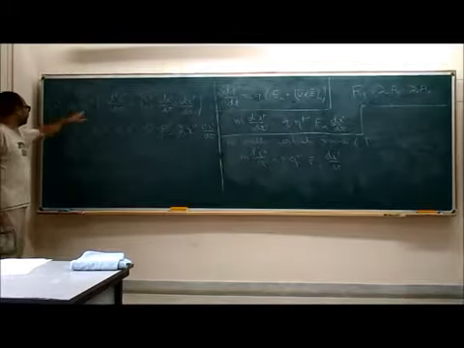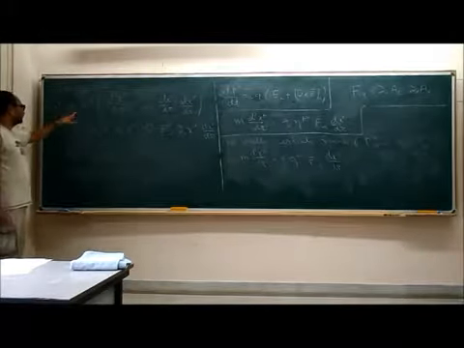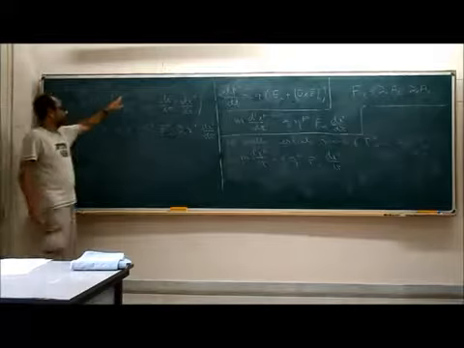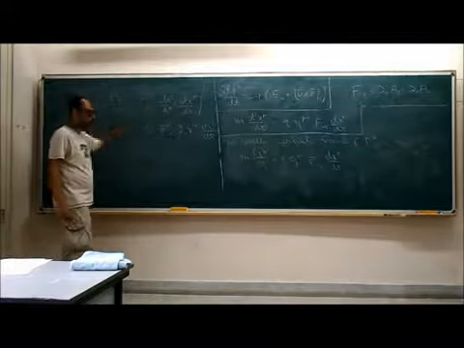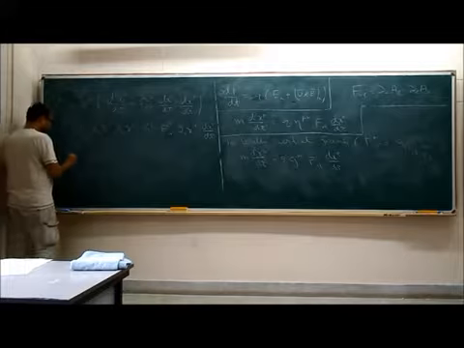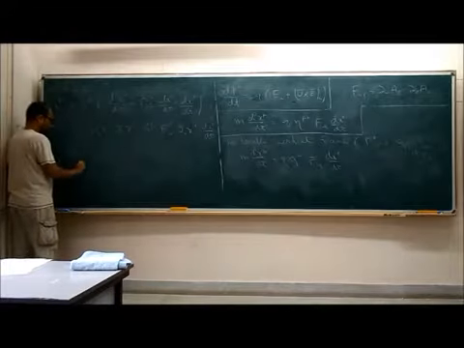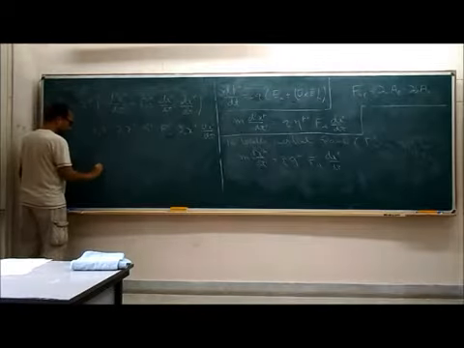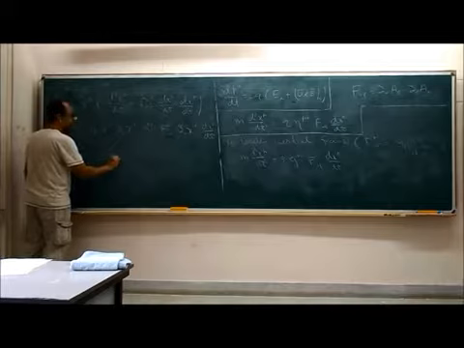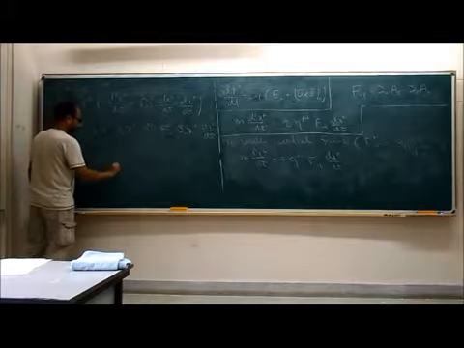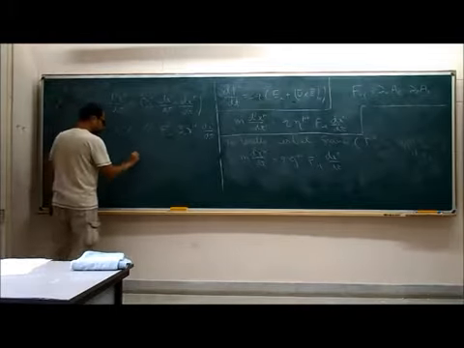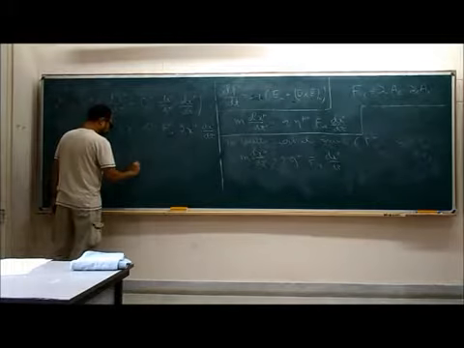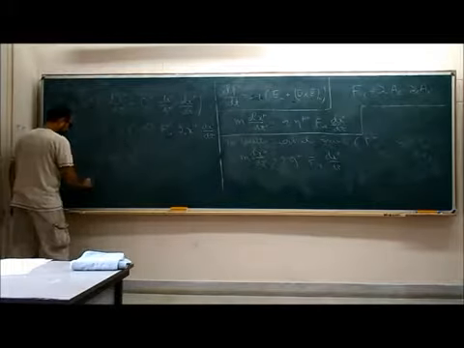So this will combine to give you a delta, so this nu will become delta. So d²x^δ/dτ² plus Γ^δ_ρσ dx^ρ/dτ dx^σ/dτ equals q over m.